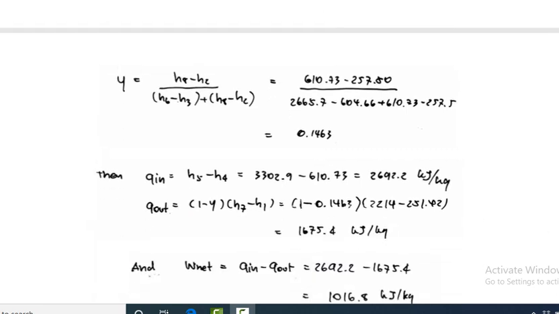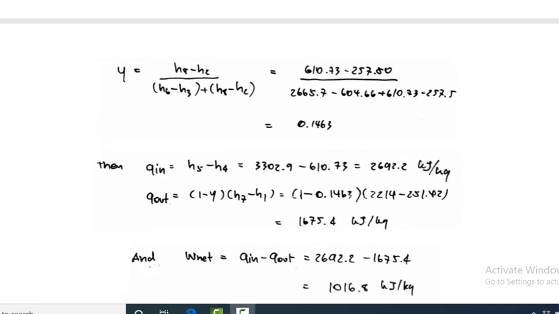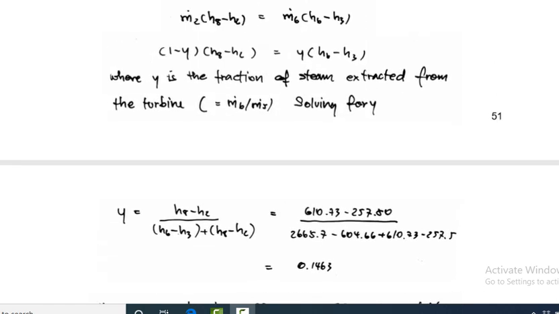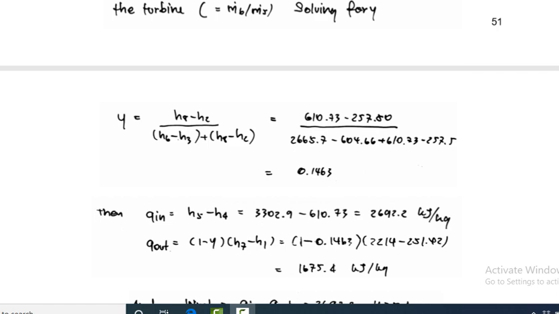How do we find y? y equals (h8 minus h2) upon (h6 minus h3) plus (h8 minus h2). Putting in the values, you get 0.1463. This is the fraction of steam extracted from the turbine, how much steam is extracted, while the rest enters the condenser section.